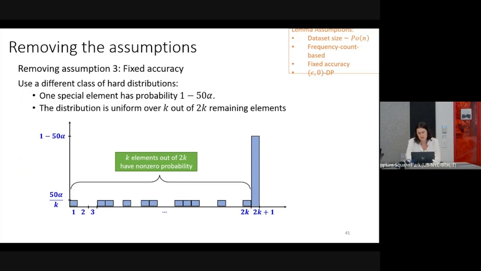And so the k elements that we were looking at before will have mass 50 alpha. So in order to be accurate, you still have to output things from there most of the time. So that complicates the argument a bit more, which is why I decided to leave it out for this talk. Yeah, does that answer your question? Oh, yeah. Yeah, cool.